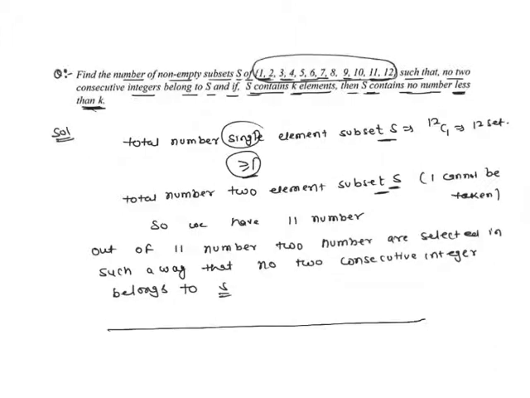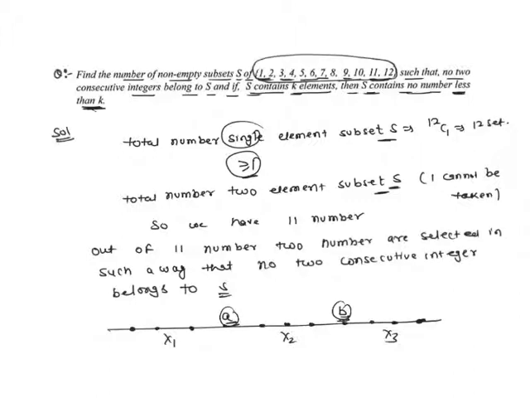There are 11 numbers on the number line: 1, 2, 3, 4, 5, 6, 7, 8, 9, 10 and 11. So two numbers are selected, suppose A and B. These two numbers divide the number line into three parts: x1, x2 and x3. These two numbers should not be consecutive.